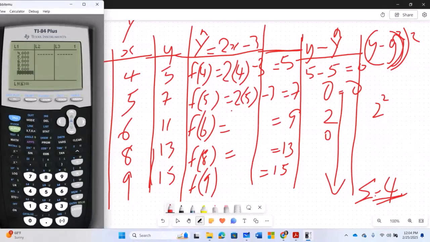All right, so the next, and then the given y is called the observed. 5, 7, enter, 11, enter, 13, enter, 15, enter. Okay, and I already found the equation is in y1, so let me see. My equation is in y1 already.